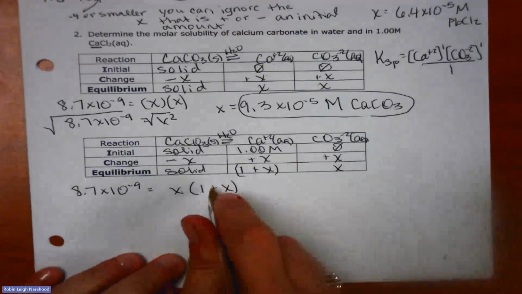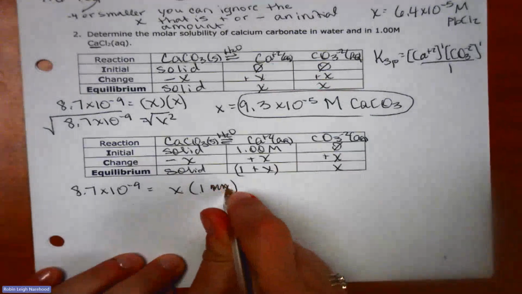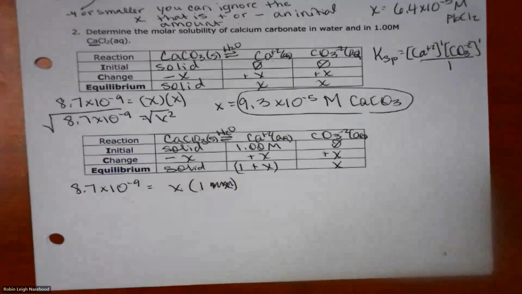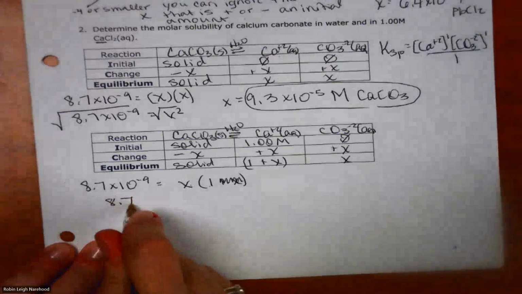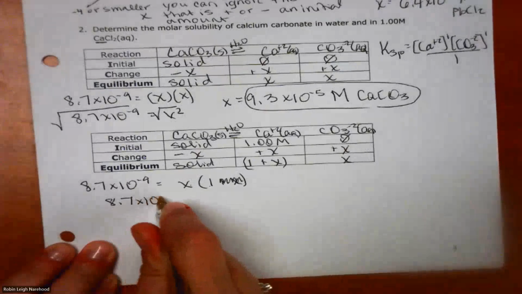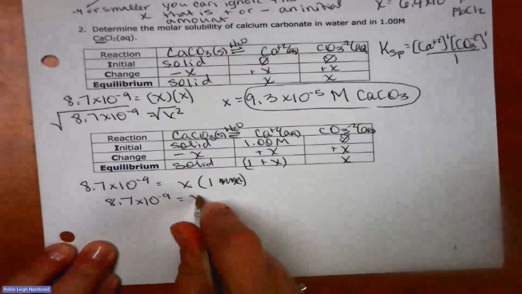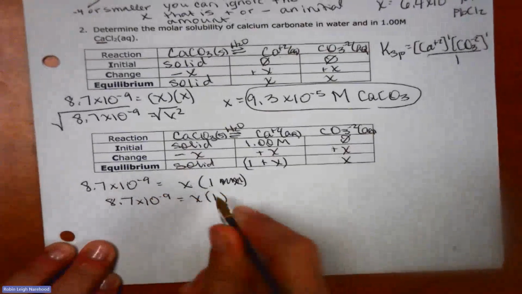And so I'm going to cross this part out. You cannot ignore the whole entire thing, just the plus or minus part. Equals x times 1. I made that math pretty easy, didn't I?